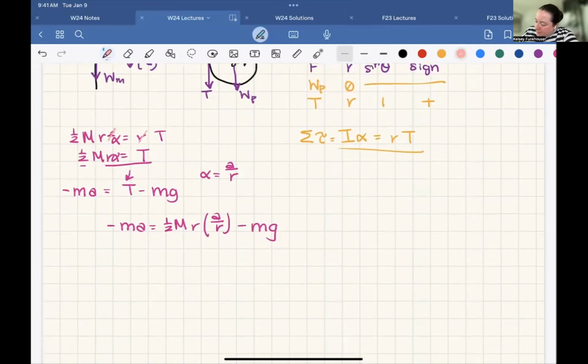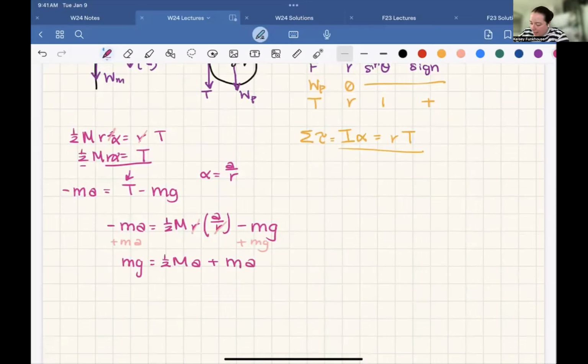Let's do a little canceling. These r's go away, and then, because I like to eliminate negative signs when I can, add mg to both sides and also add ma to both sides. So we end up with mg equals 1/2 capital M A plus little ma.